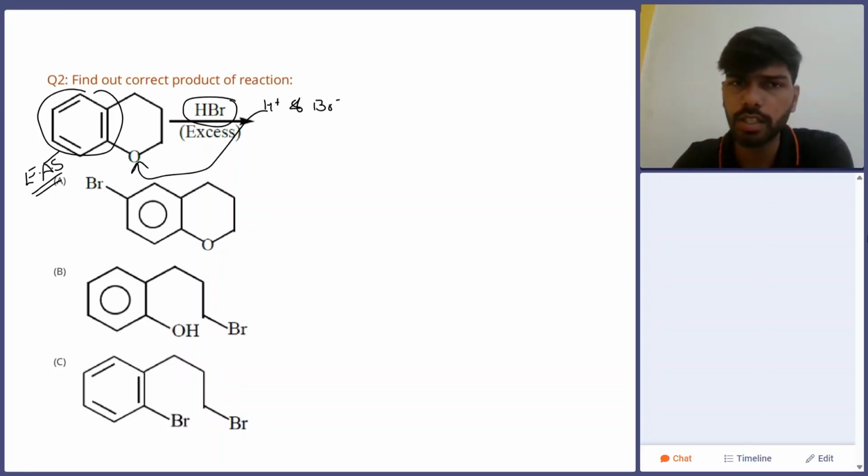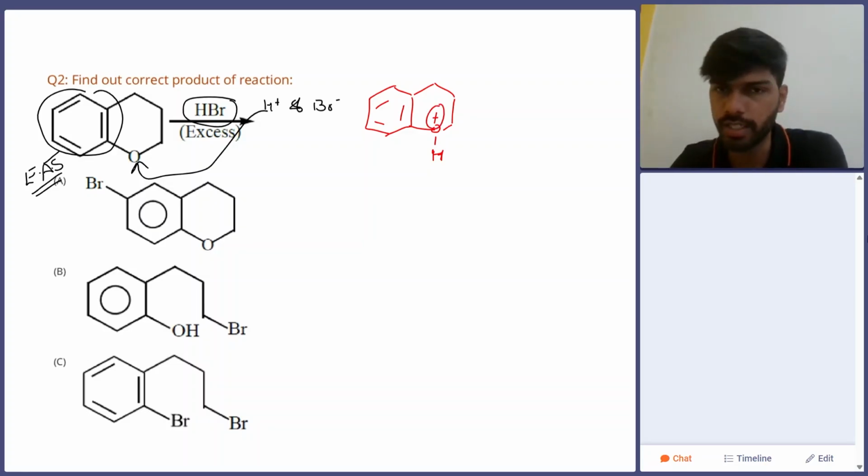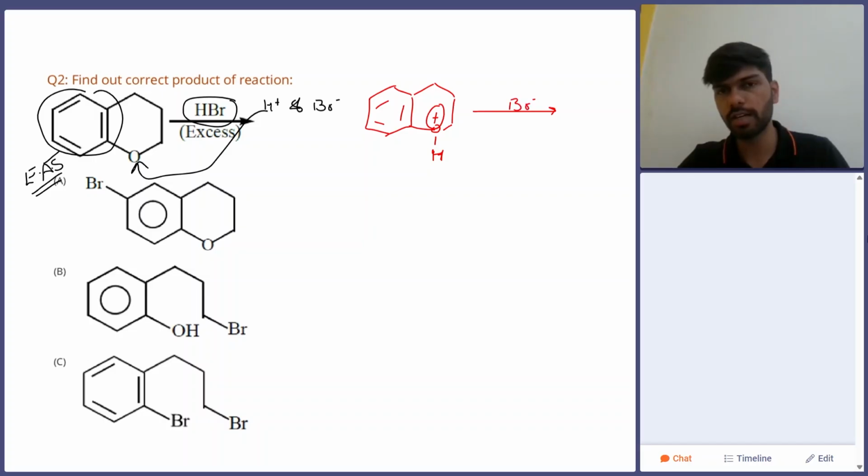When protonation is there, our initial step in the reaction is oxygen with hydrogen, and as oxygen forms 3 bonds, a positive charge comes on it. Now Br minus is the nucleophile, and a nucleophile, as you already know, attacks an area where electron density is very low.